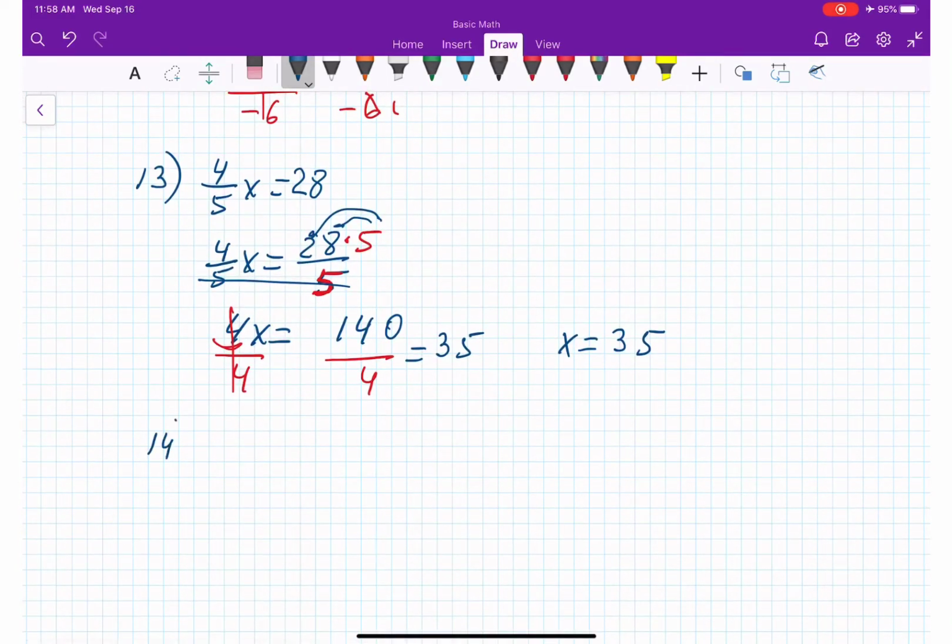And lastly, it's going to be negative 4.9494x.